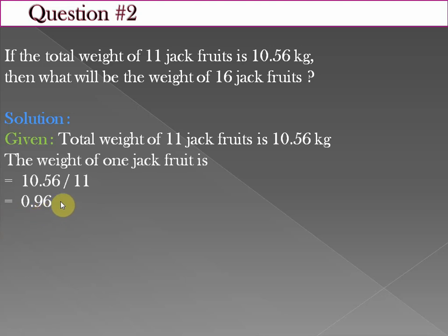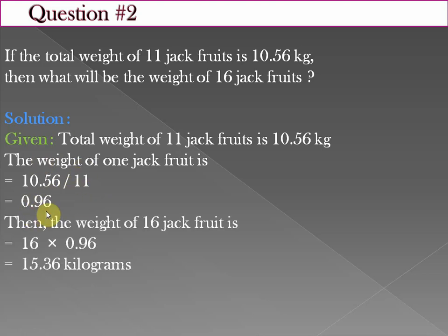We divide 10.56 kg by the 11 fruits, total weight divided by number of fruits. So you get 0.96 as the weight of one single jackfruit. Then for the weight of 16 jackfruits, just multiply 0.96 by 16 and you get the answer. This is the total weight of 16 jackfruits.